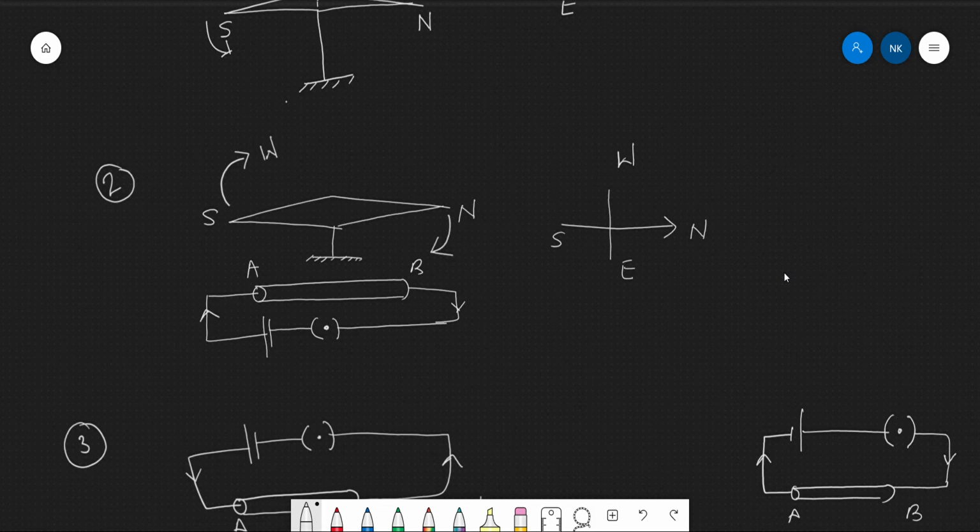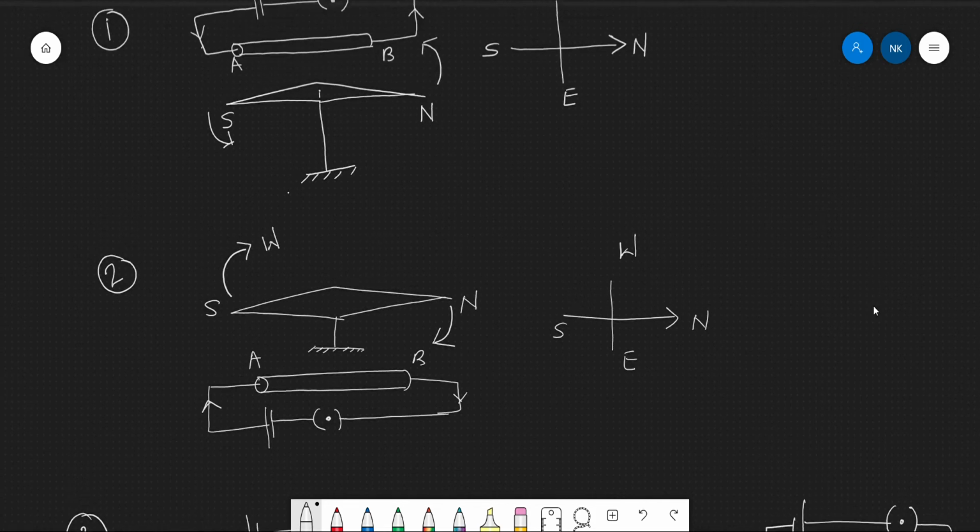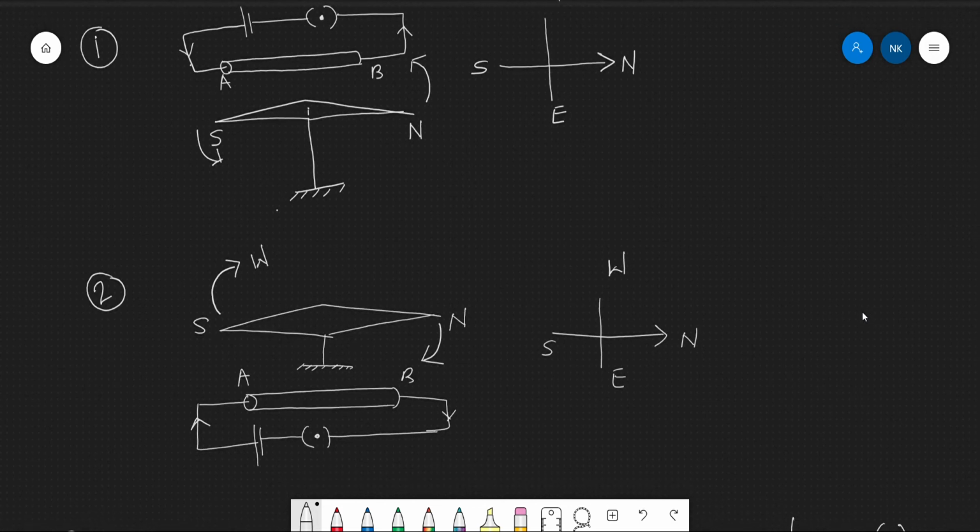There, the bending of the north and south pole of the magnetic compass was reversed: the north was bending towards east and the south was bending towards west. So the conclusion is that the direction of magnetic field above the current carrying wire and below the current carrying wire is different.